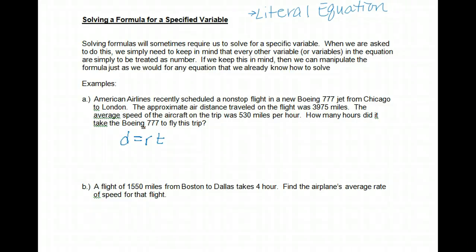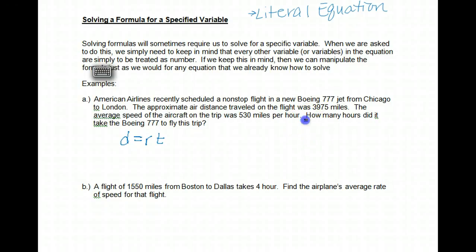Now, we could very easily plug in our mileage for the distance, our speed for the rate, and solve for t, because we do know how to solve a one-step equation. However, I want to teach you how to solve for t first and then plug in your given information.